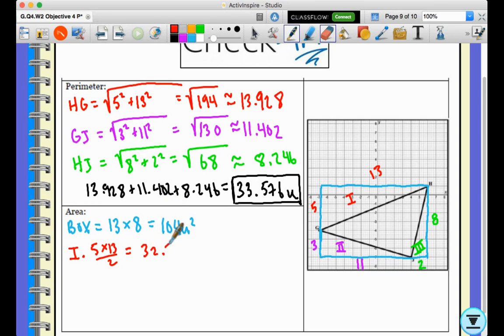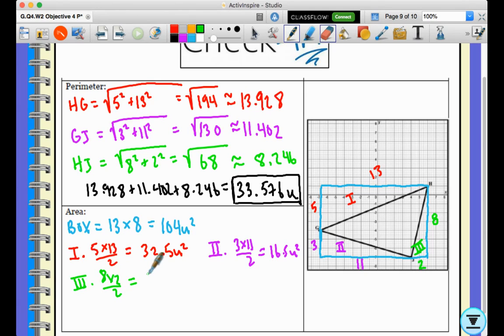32.5 units squared. Where's number 2? 3 times 11 divided by 2. That's 33 divided by 2 is 16.5 units squared. And then number 3, the area of part 3, 8 times 2 divided by 2.